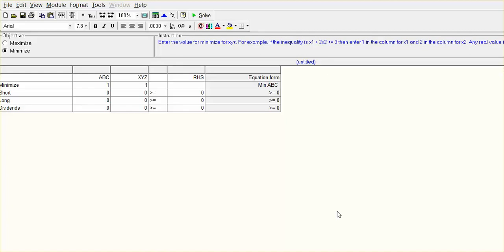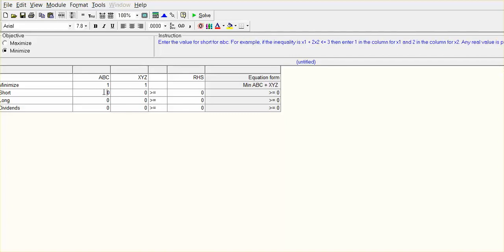If you think back on the coats and slacks maximization, we were told what my profit was for each coat sold and for each slack sold. In this particular case, on the investment portfolio side, I want to make the minimum amount. So I don't know what I'm going to invest in ABC, and I don't know what I'm going to invest in XYZ, but I want to invest the minimum. So that's why for minimization here, I put 1x and 1y.